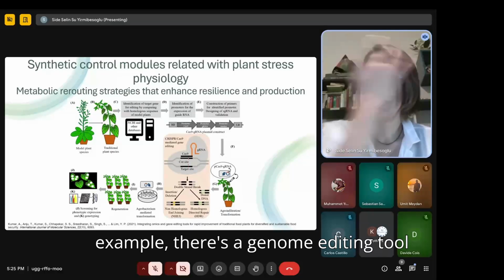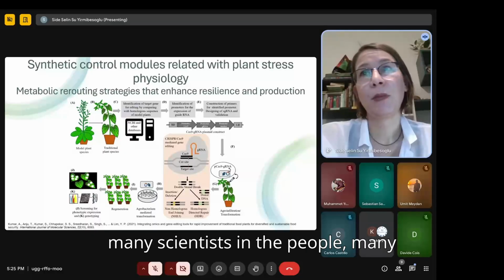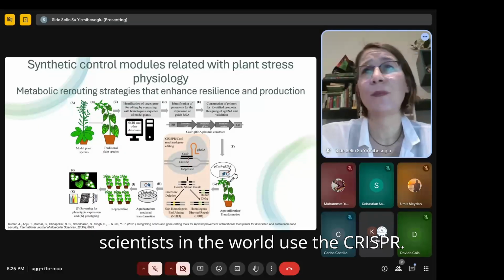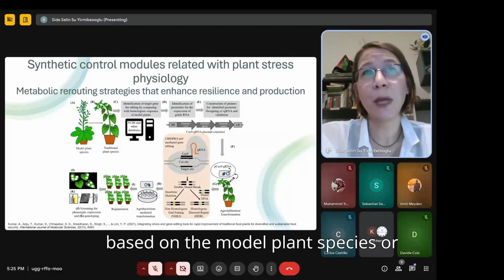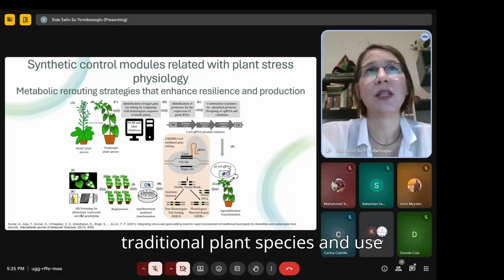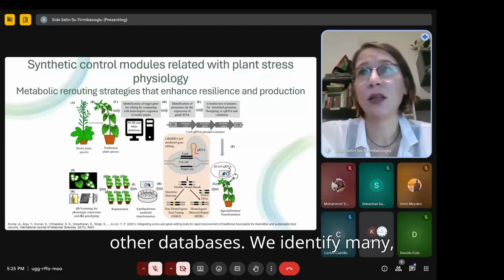For example, there's a genome editing tool, CRISPR, that many scientists in the world use, and we can use the knowledge based on model plant species or traditional plant species and use bioinformatic tools such as NCBI and other databases.